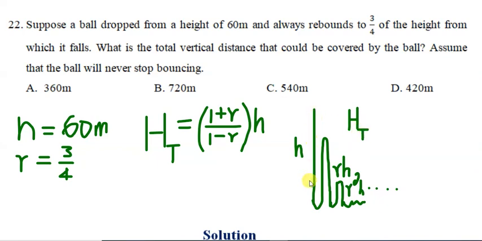first, it's dropped from h, therefore write 1h. And next, once it rebounds, the path is going to be twice, and therefore we have 2rh. And next also, we have 2r squared h, 2 times r squared h.